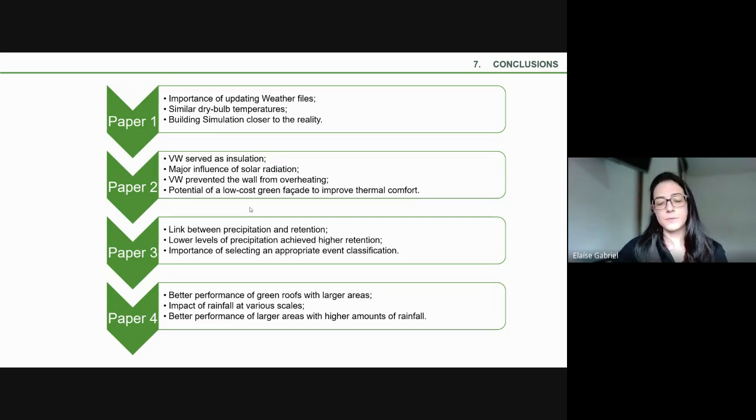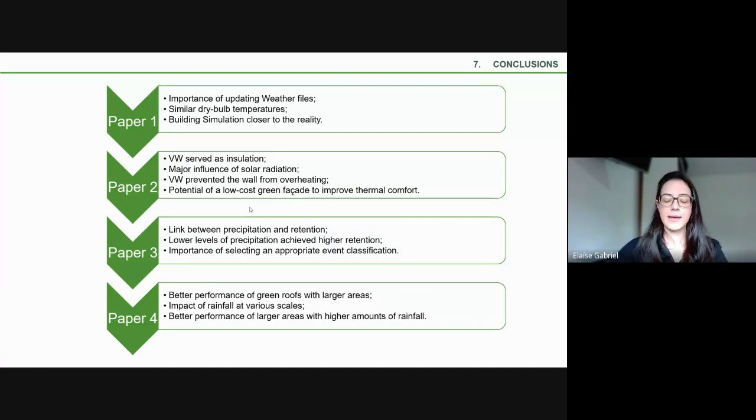From the first paper, we saw the importance of updating weather files in time intervals shorter than 30 years. We compared the two weather files that we developed, and the precipitation data was much more similar to reality when there were no errors and inconsistencies in the files.